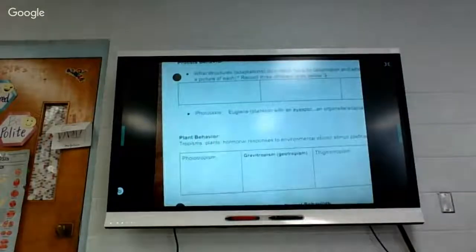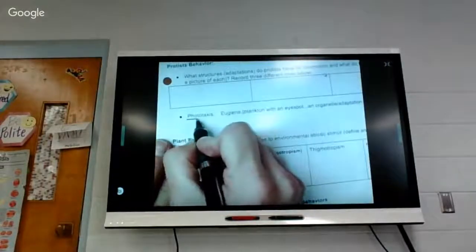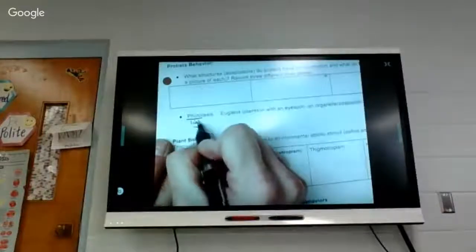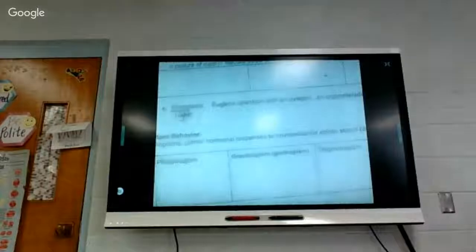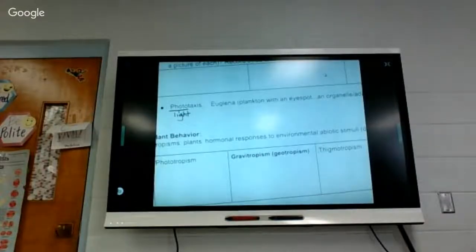Light. So photo is always going to mean light. Okay. And then taxis, like phototaxis. But our example is a euglena using its eye spot. It has a different organelle that it uses to detect light.